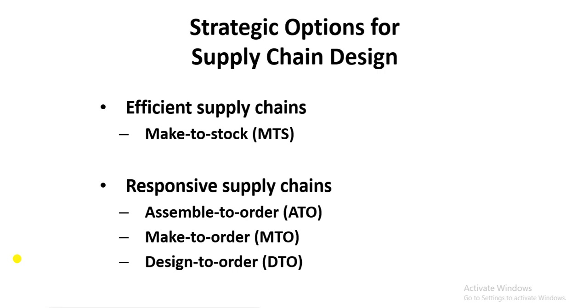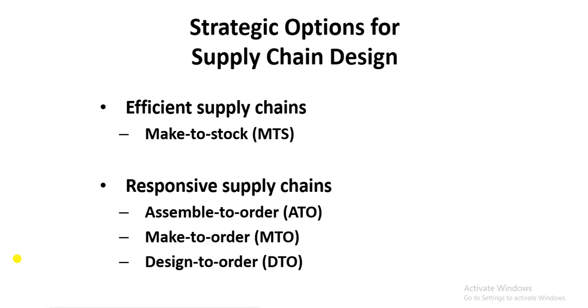As you can see in your slides, there are two main categories in which a firm can design the supply chain. The first category is called the efficient supply chains, and the second category is called the responsive supply chains.